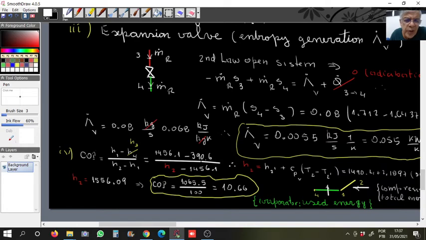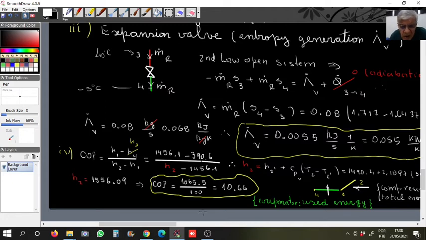Here I drew the valve, the expansion valve. This is upstream, at state 3. Don't forget, this is at 40 degrees centigrade, and this is downstream, at minus 5 degrees centigrade. Now the enthalpy is the same. Attention now, please.